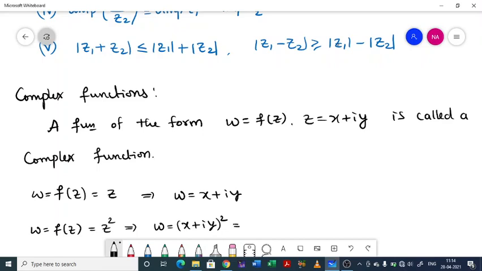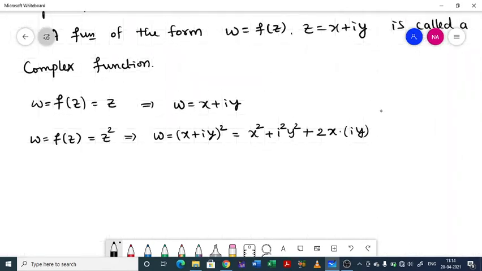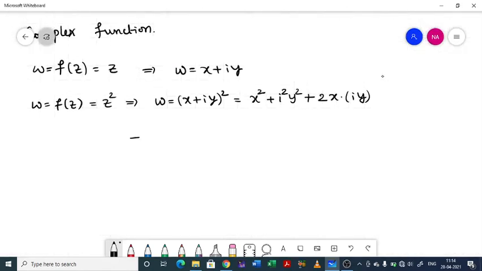If you expand this, a square, so that is x square plus iy whole square, that is i square y square, plus 2ab, where a is x and b is iy. Now if you simplify, w equal to x square minus y square plus i into 2xy.